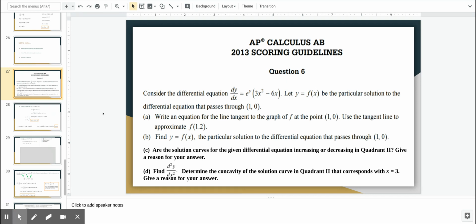All right, so part A says, write an equation for the line tangent to the graph of f at the point (1, 0). Use the tangent line to approximate f(1.2). So this is kind of new for us, and also kind of old. So the first part, we noticed that we're writing an equation for the tangent line.